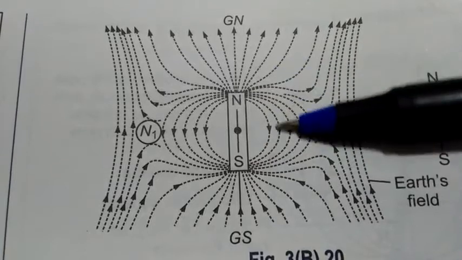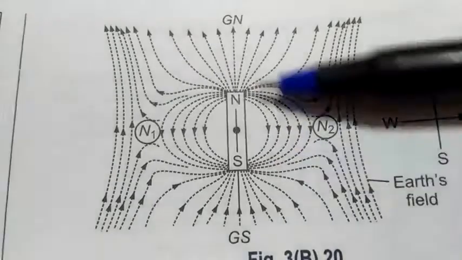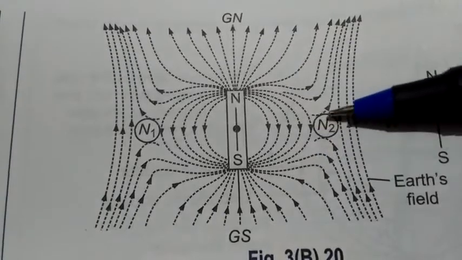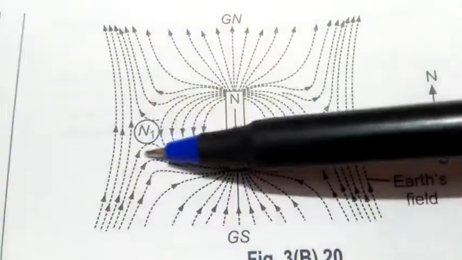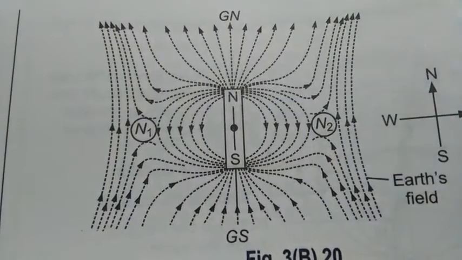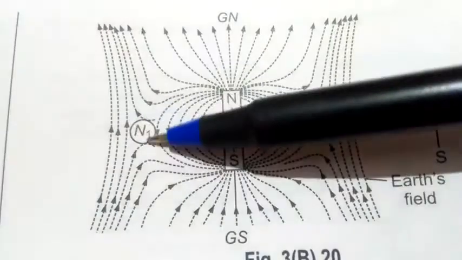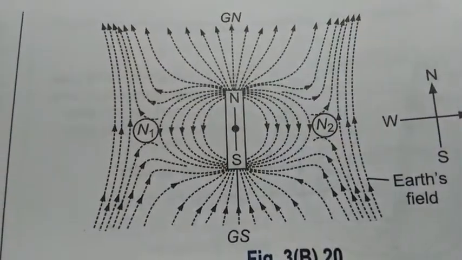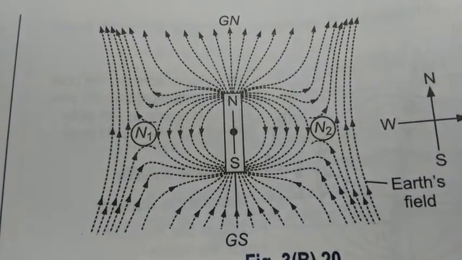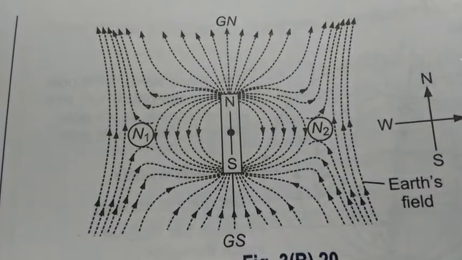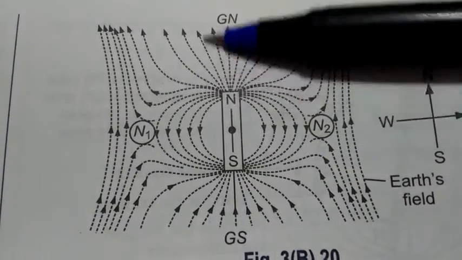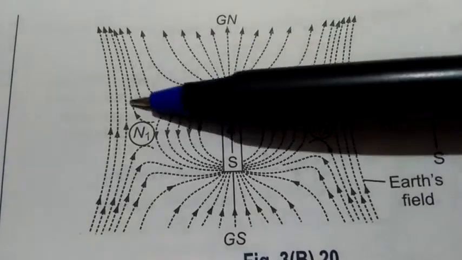You are familiar with these lines of bar magnets, but at some places, here you can see N2 and N1 written. At these places we don't get any field line, and that's why we assume that no magnetic field is present at these points, and hence they are called neutral or null points. Be very careful about the direction of field lines and the pattern here.